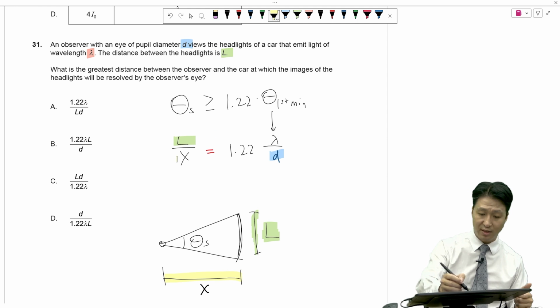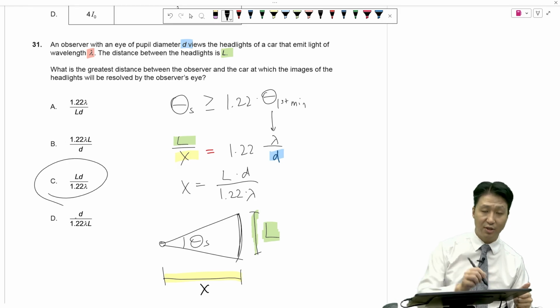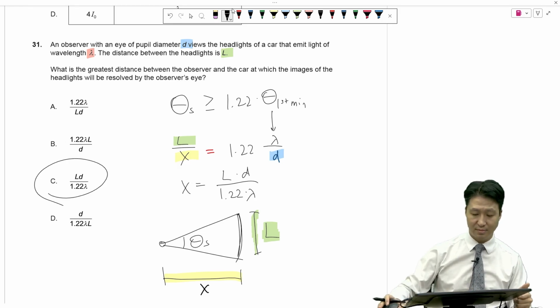Highlight this in green, highlight this in yellow. We're trying to find X, so X is equal to L times D over 1.22 times the wavelength. The answer should be C.